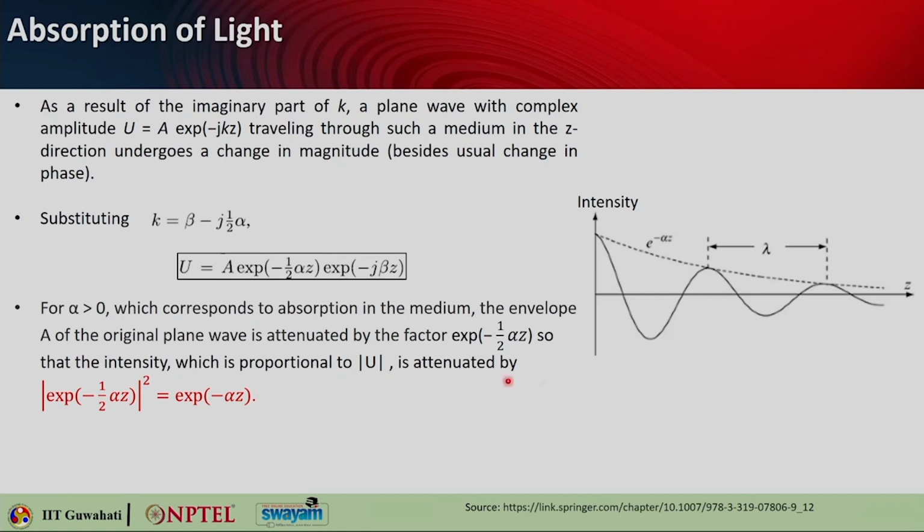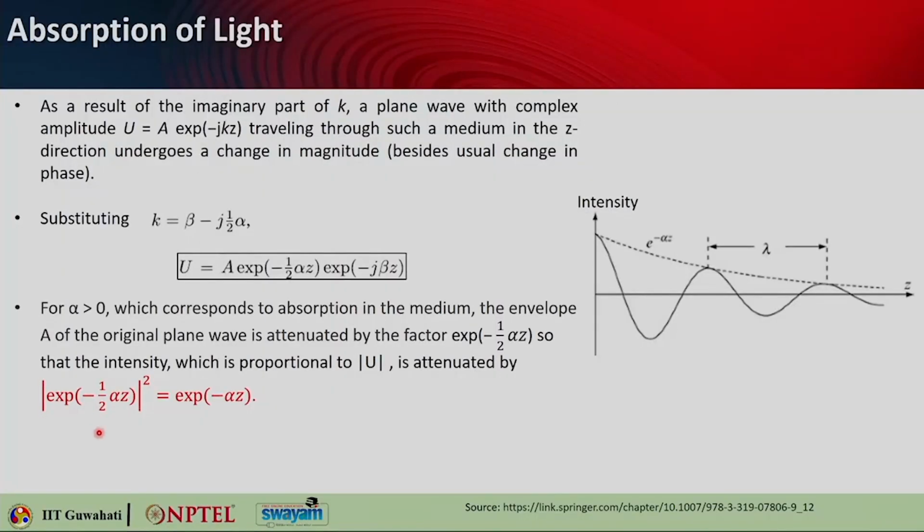So, you will see that the envelope is attenuated with a factor of exponential minus half alpha z. So, what is happening to the intensity? Intensity will be the square of this factor, so this 2 gets in and you will get exponential minus alpha z. It means the intensity of an electromagnetic wave in a lossy medium will decay as exponential minus alpha z.